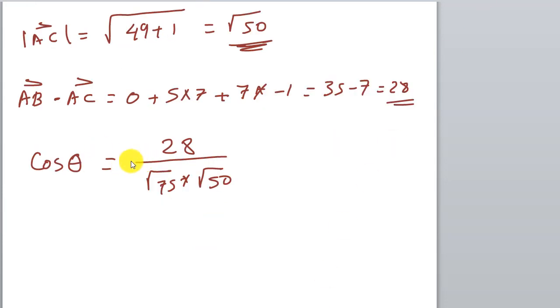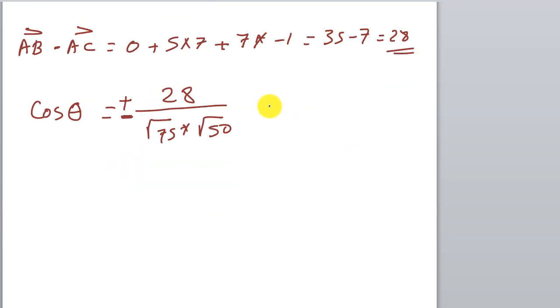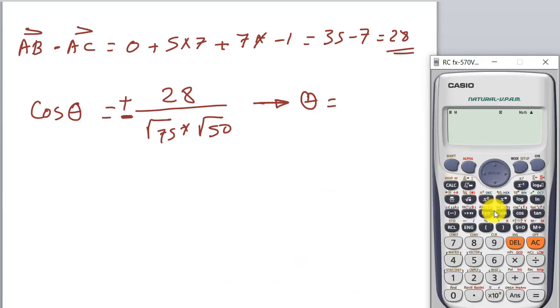Take into consideration this value is positive and negative. So from here, let us find this theta. Shift cosine minus 1 of 28 divided by square root of 75 divided by square root of 50.